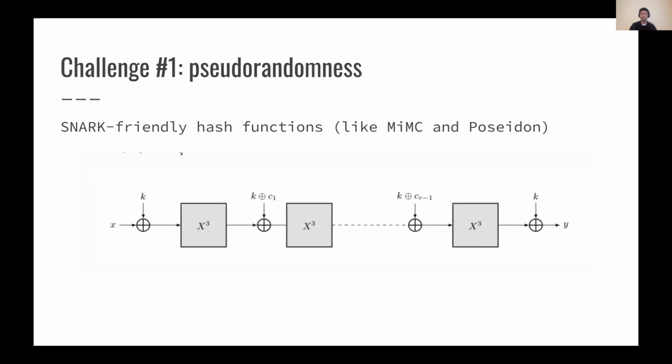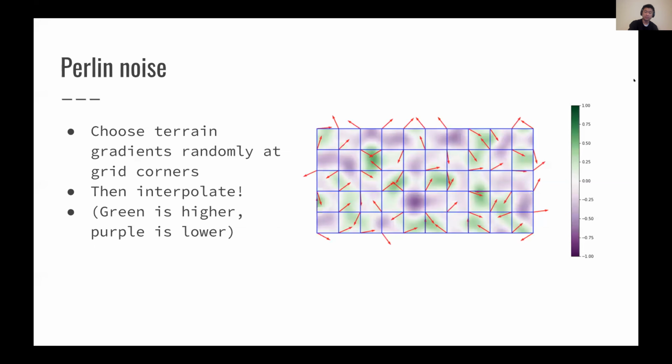MiMC, for example, just looks like a bunch of consecutive additions and exponentiations to a fixed power. So by plugging these grid corner points into a MiMC function and then doing some massaging, we get a function that essentially acts like a random oracle, from which we can derive the random unit vector superimposed onto each grid corner.